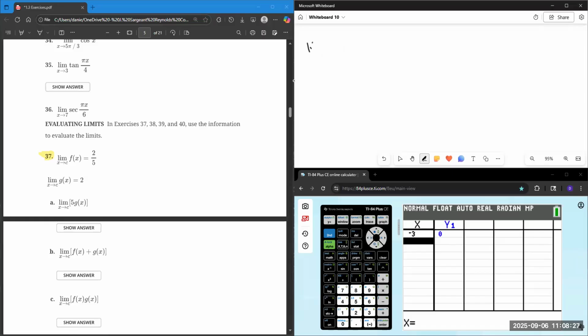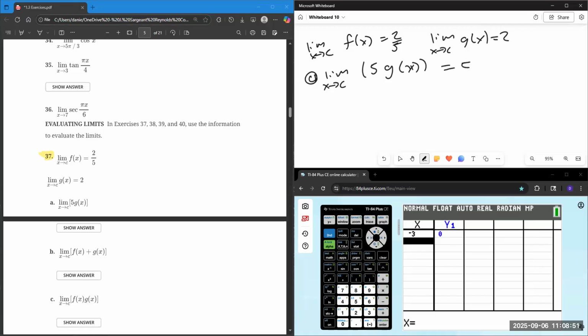Given that limit as x approaches c of f of x is equal to 2/5, and given that limit as x approaches c of g of x is equal to 2, let's find limit as x approaches c of 5g of x. So the 5 can come across, and that'll be 5 times the limit as x approaches c of g of x, is 5 times 2 is 10.